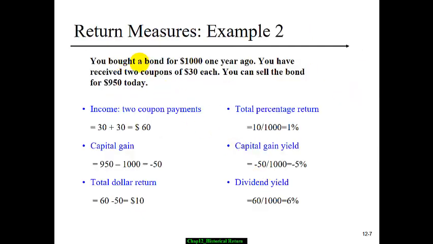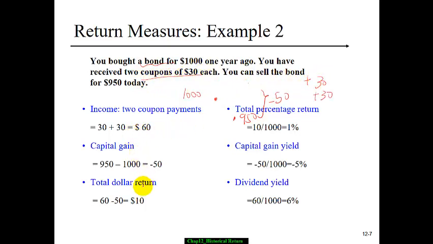Another example, a bond investment. Suppose today you spend $1,000 to purchase one bond. 1 year later, you sell the bond at $950. So the price went down, and you lost $50 in terms of capital gain; that is a capital loss. You also received 2 coupon payments, each one $30.